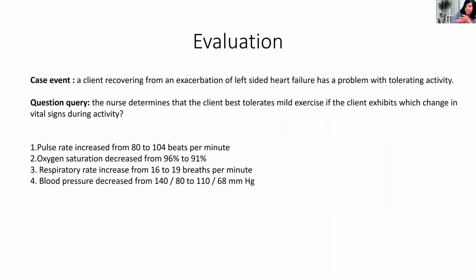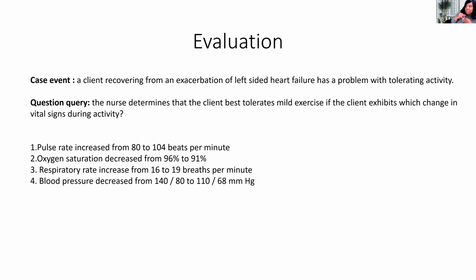Pulse rate increased from 80 to 104 beats per minute, right? Oxygen saturation decreased from 96% to 91%. Respiratory rate increased from 16 to 19 breaths per minute. Blood pressure decreased from 140/80 to 110/68.